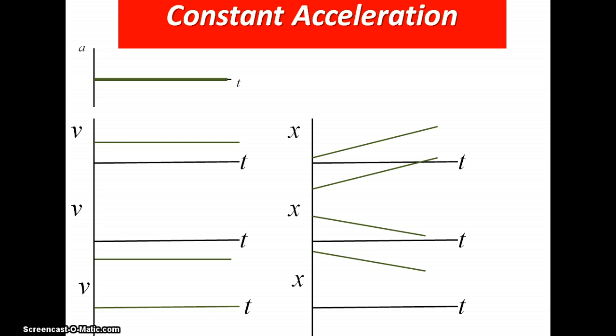How about constant zero velocity? Sure, that is also constant acceleration, in which case the position versus time graph would look something like this.